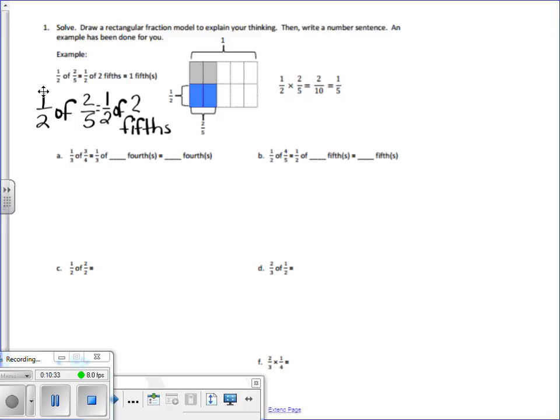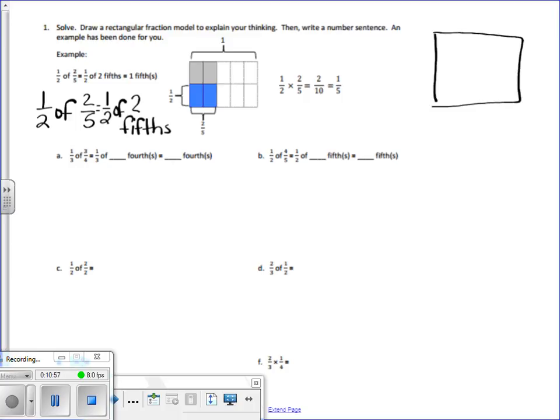I can't write the answer yet because I don't know it. I'm going to do the rectangular model again. All we did was take the fractions and do 1/2 of 2/5. I'm just showing you how they got it.